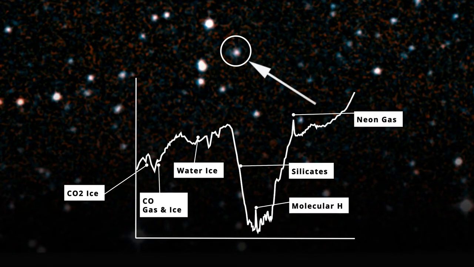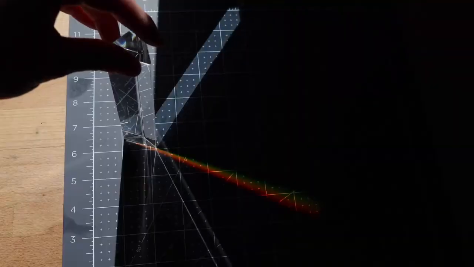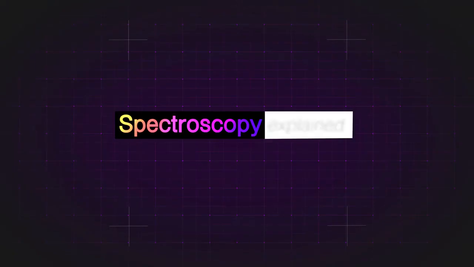consistent ways. They do this by literally prying these photons apart. This is spectroscopy. Explained.